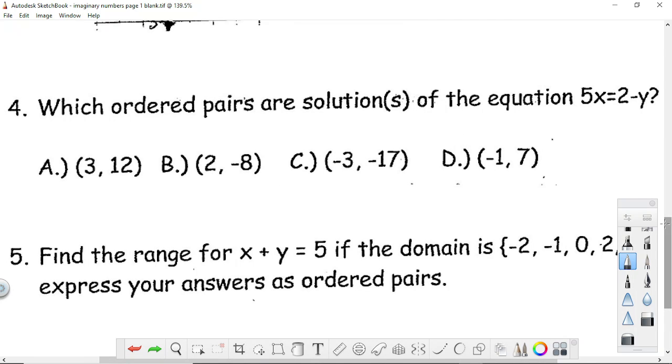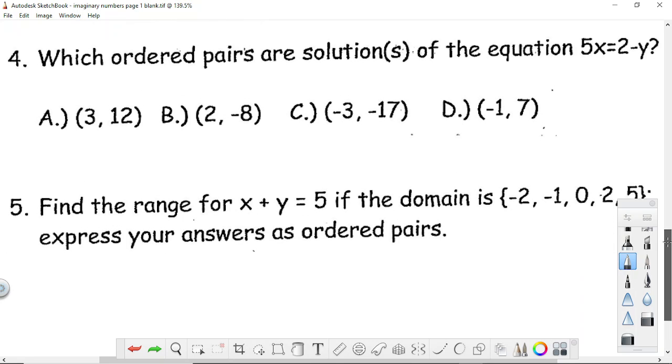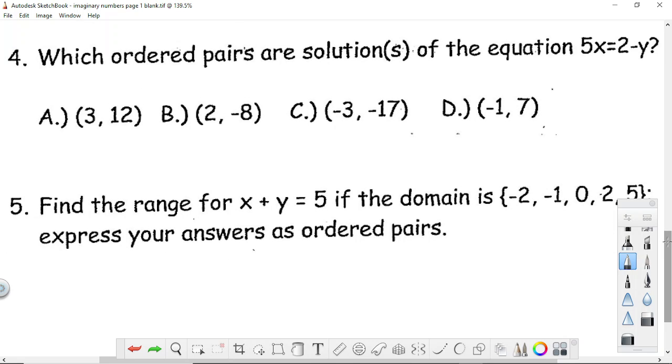So it gives us 4 ordered pairs, A, B, C, and D. And it just asks which ones are solutions. So we've got to try them one at a time and see which ones are solutions of that equation.